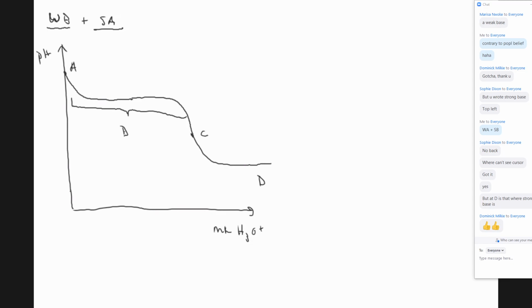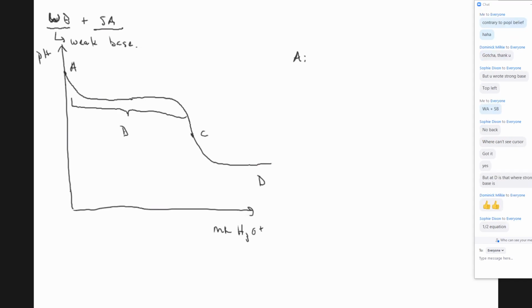So at A, how will we calculate pH? What do we have there? What are we starting with? We start with a weak base. So what equation should we be using if we only have weak base at the beginning? Yep, the weak base equation.